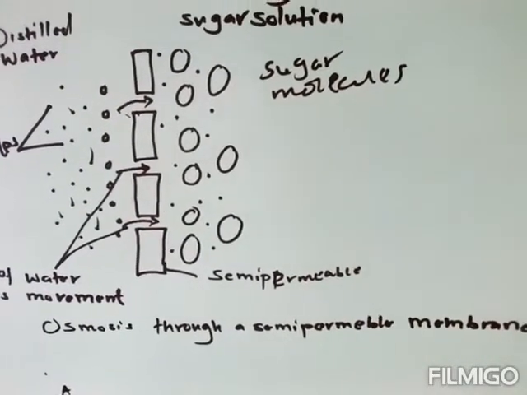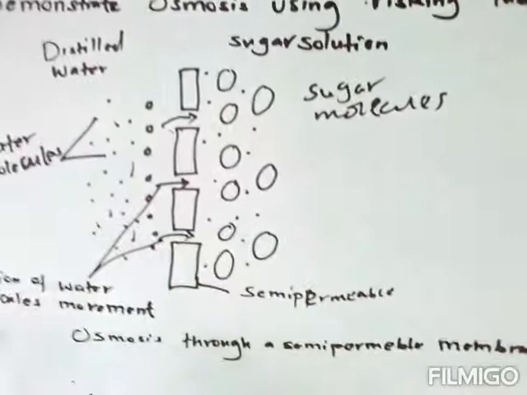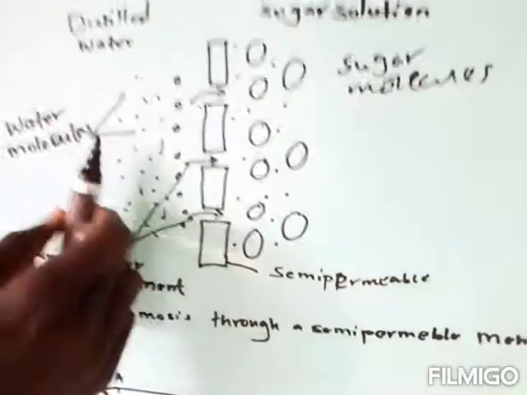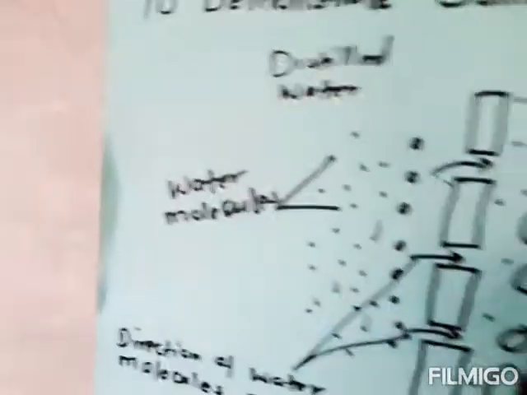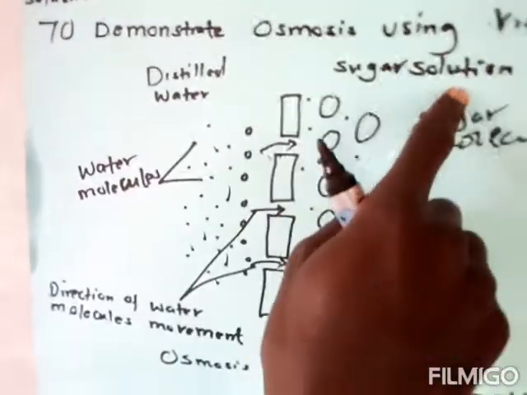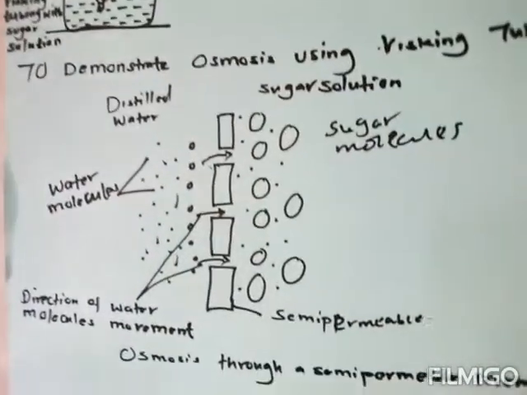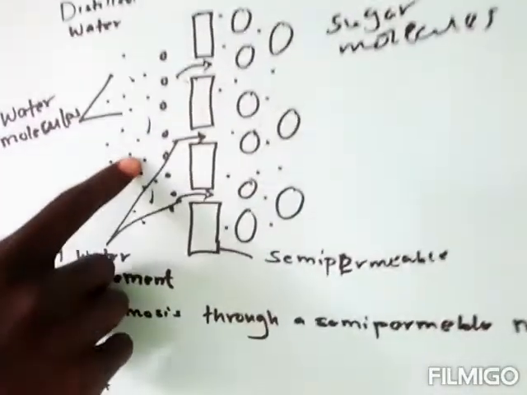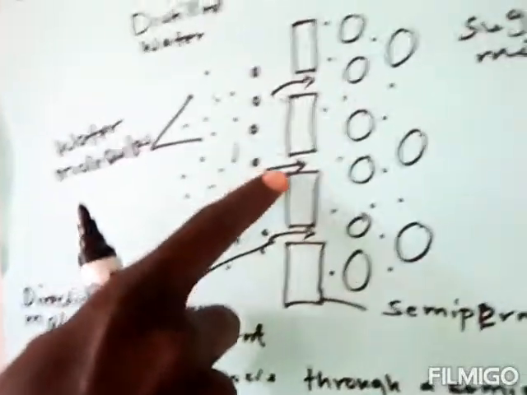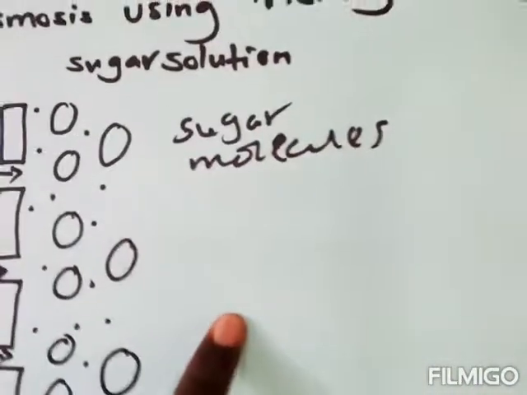So what happens is that if you look at this diagram, we have distilled water which is lowly concentrated as compared to sugar solution which is highly concentrated. So you realize that at the end of the day, water will always diffuse through the semi-permeable membrane into the other side where we have the sugar solution.